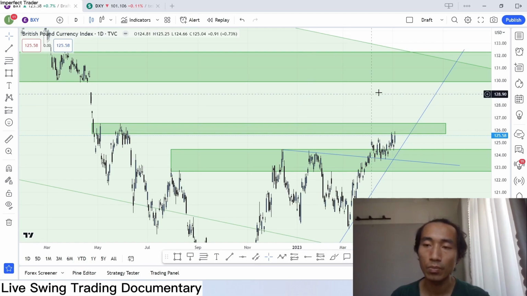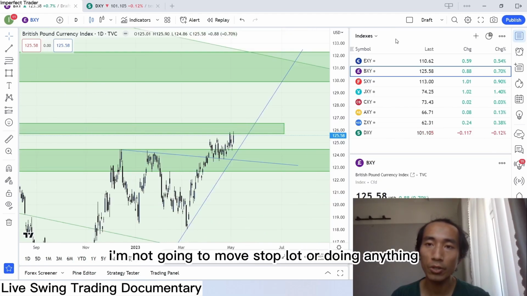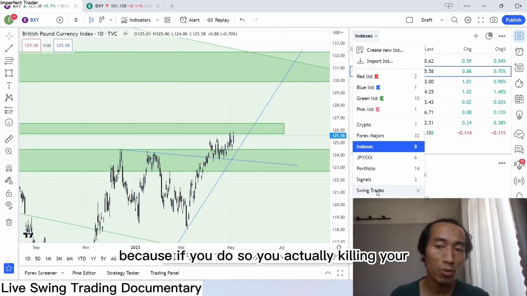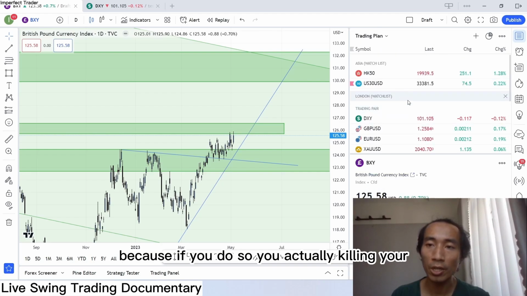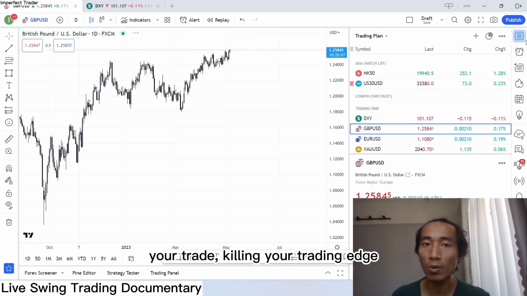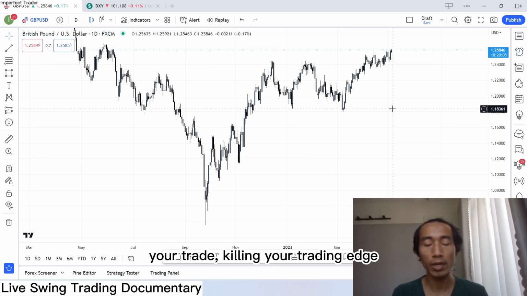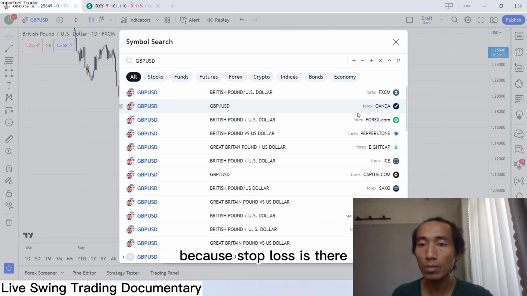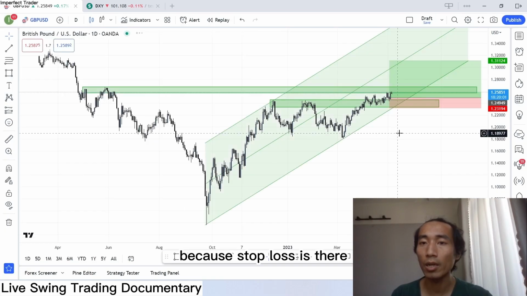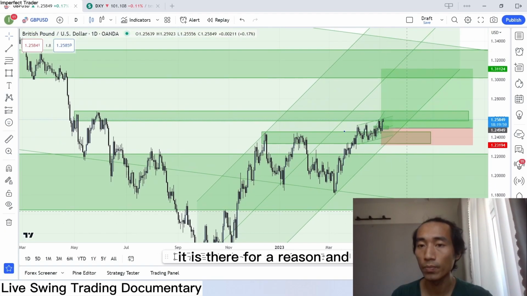Right now, I'm not going to move my stop loss or do anything, because if you do so, you're actually killing your trade, killing your trading edge, because the stop loss is there for a reason.